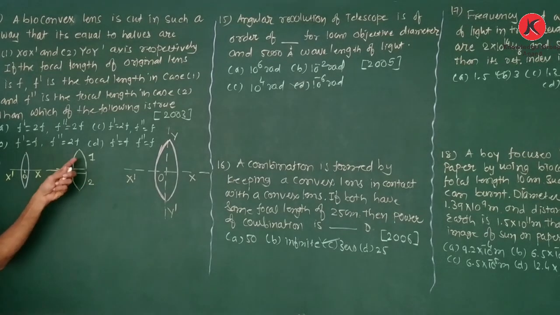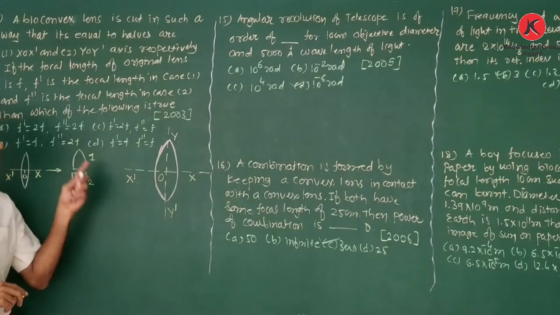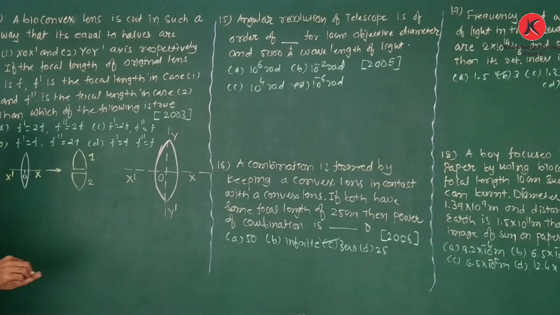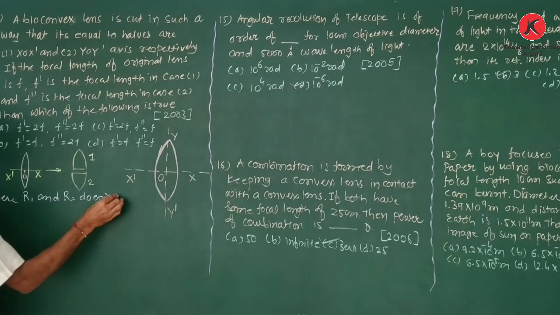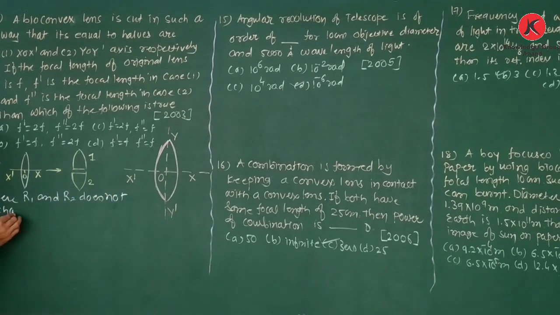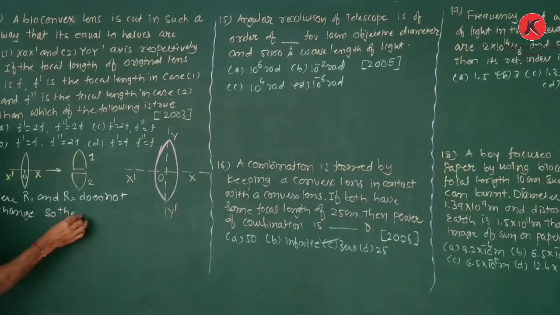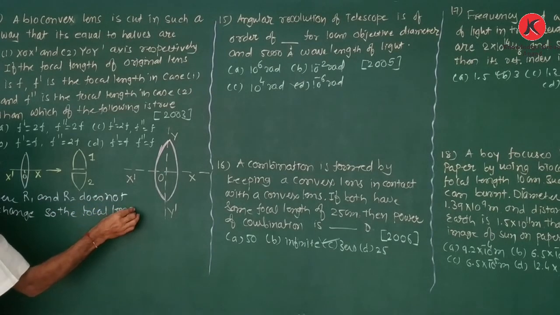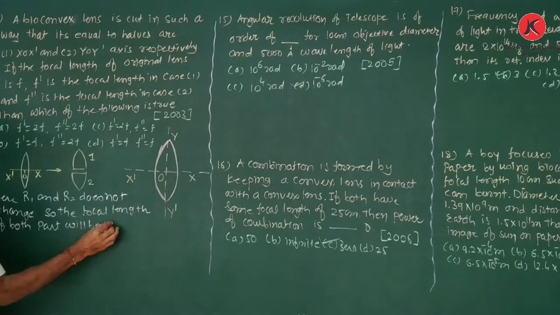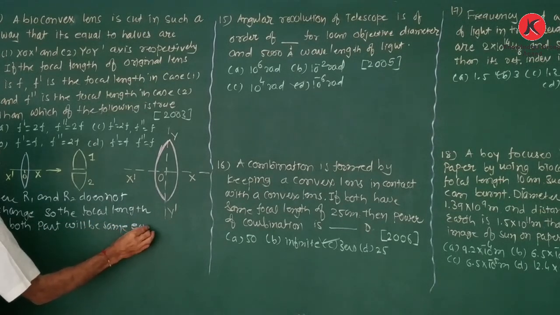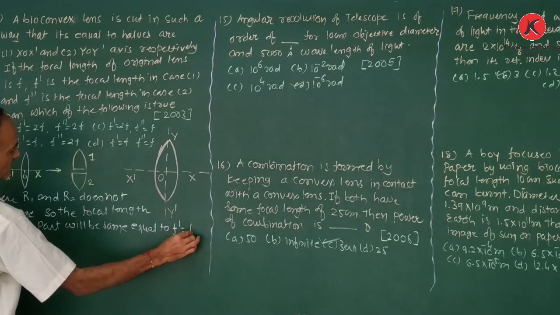Now, here R1 and R2, the radii of curvature of these two spherically curved surfaces, do not change. So the focal length of both parts will be the same, f dash is equal to f.